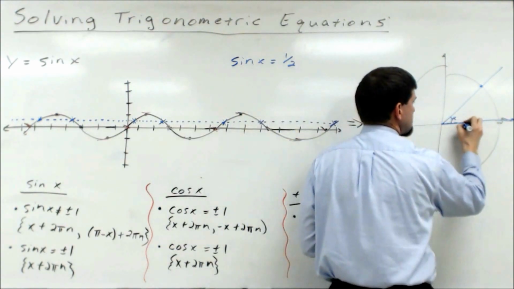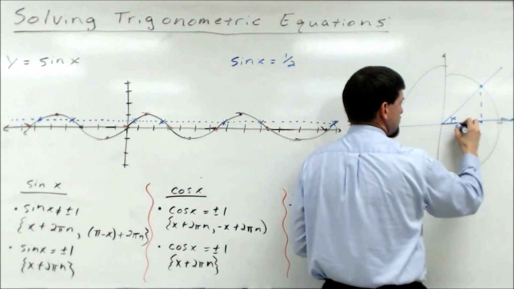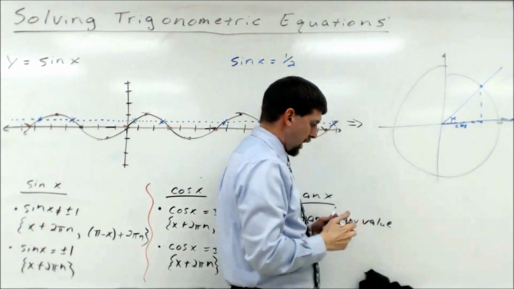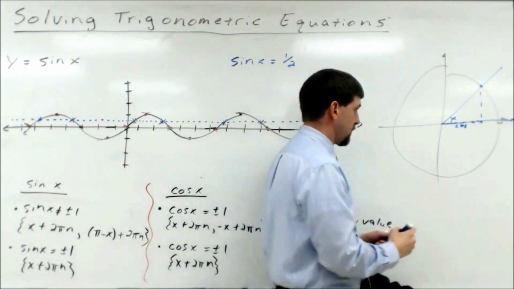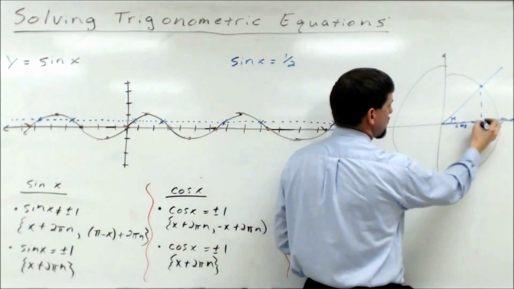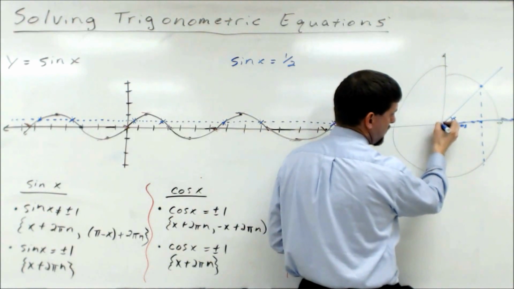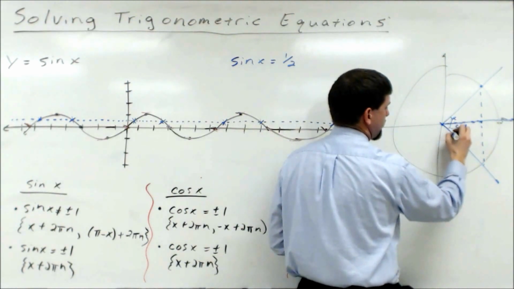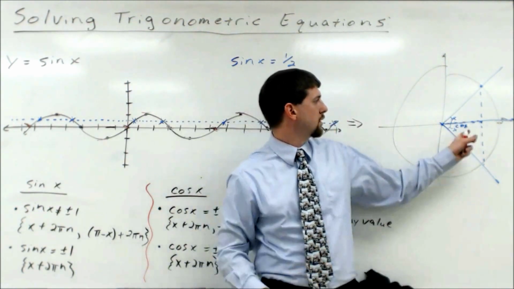Cosine is this horizontal distance to get to that point. So there's my cosine. Well, cosine has the same horizontal distance as x when we are at negative x. So these two are equivalent.